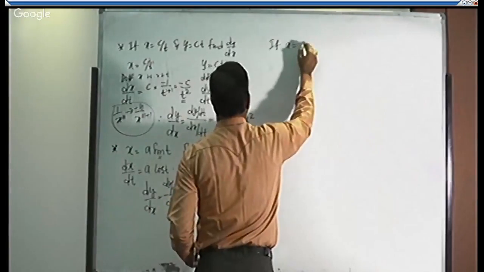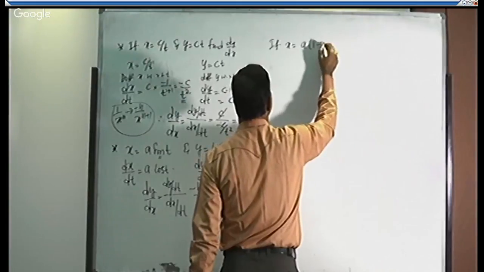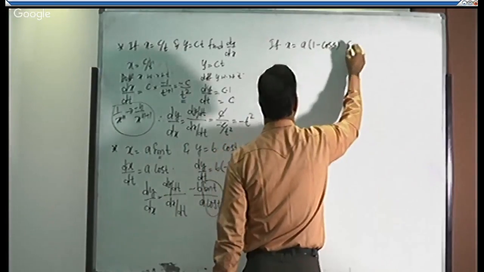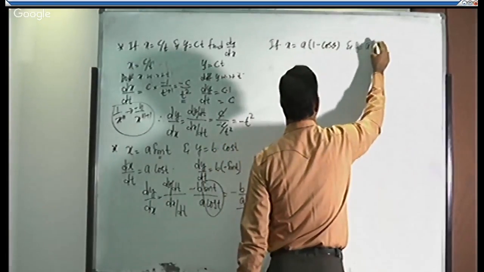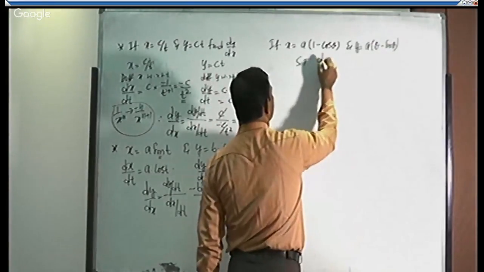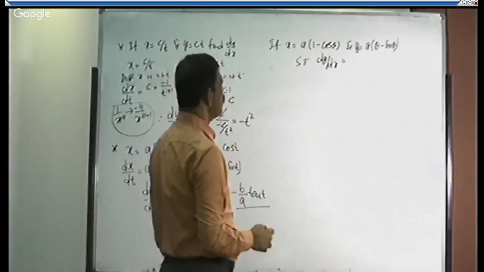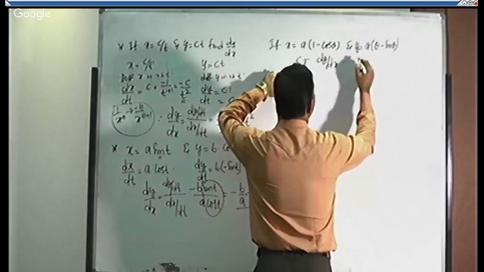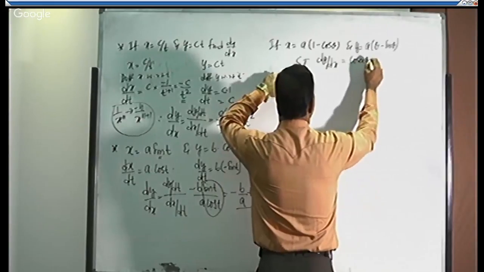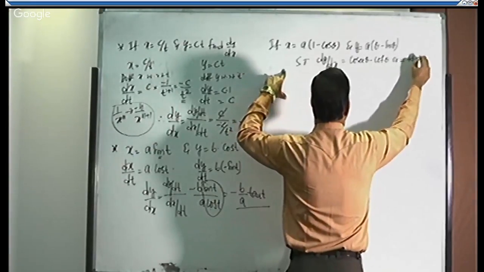If x is equal to a into 1 minus cos theta and y is equal to a into theta minus sin theta, show that dy by dx is equal to cosecant theta minus cot theta, or that is equal to tan theta by 2.